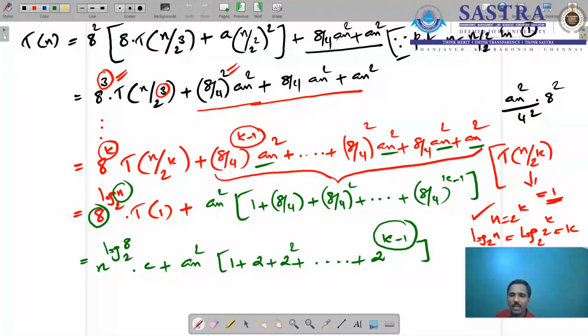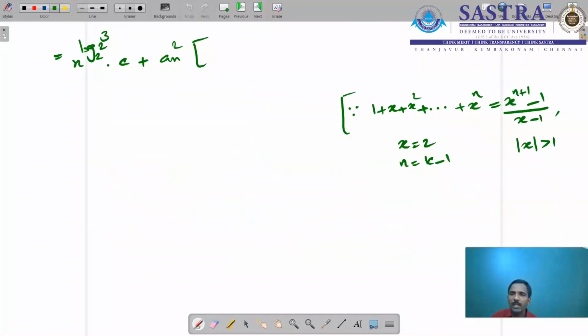So replacing x power n plus 1 minus 1 divided by x minus 1, we have 2 power k minus 1 plus 1 minus 1 divided by 2 minus 1.